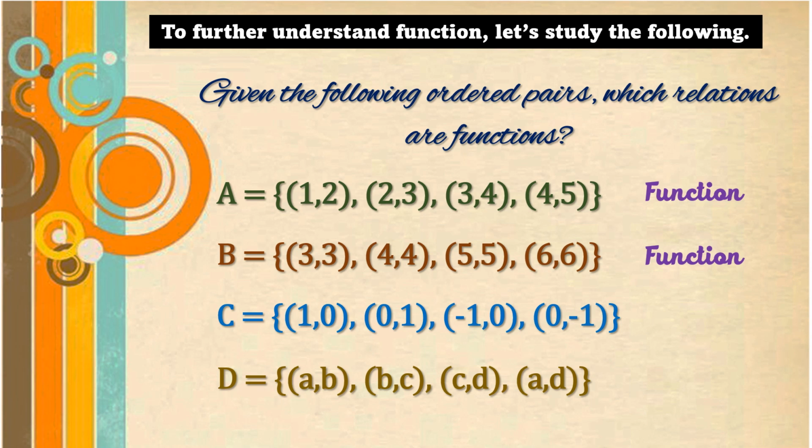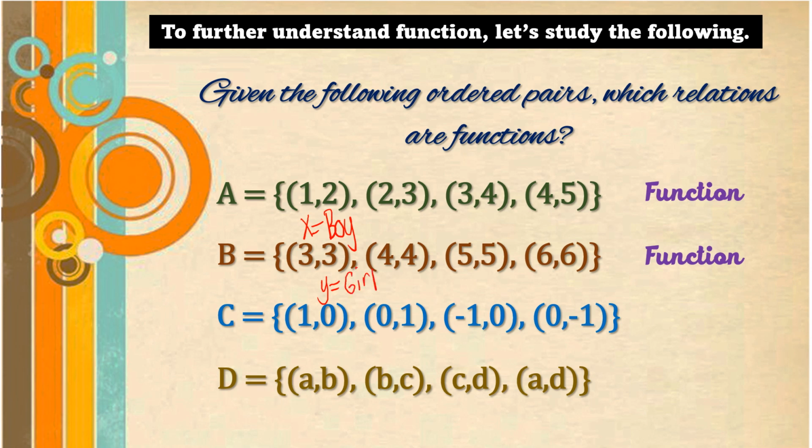Okay, I will give you a strategy for you to easily understand the process on how to identify whether the set of ordered pairs is a function or not. So, in an ordered pair, the x variable, the first element, we let that be a boy. And the second element, the y coordinate, we let that be a girl.